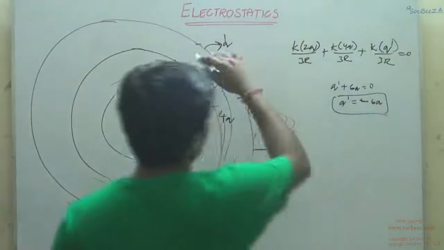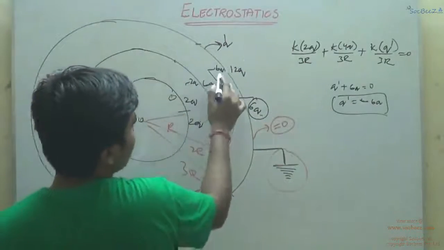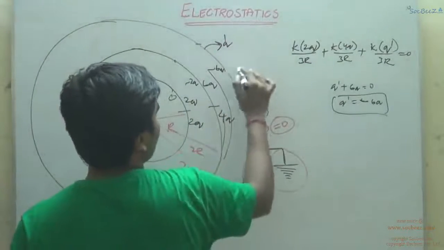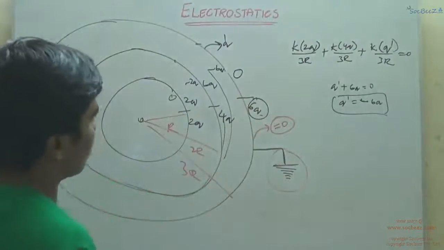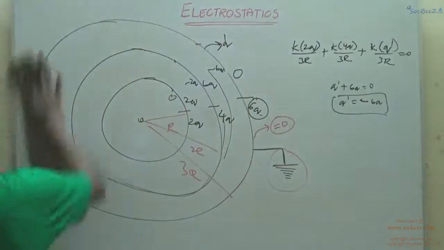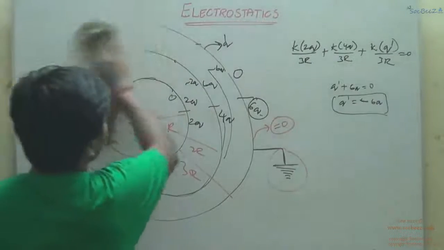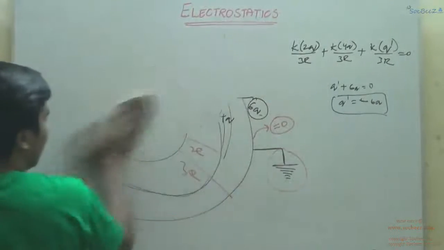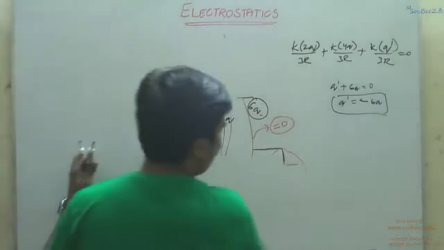Thus the net charge on the final shell should be minus 6q. Thus it turns out that the charge on the outer surface is 0. So whenever we earth a conductor, we say that its charge is 0. Now let us solve an even more complicated question.